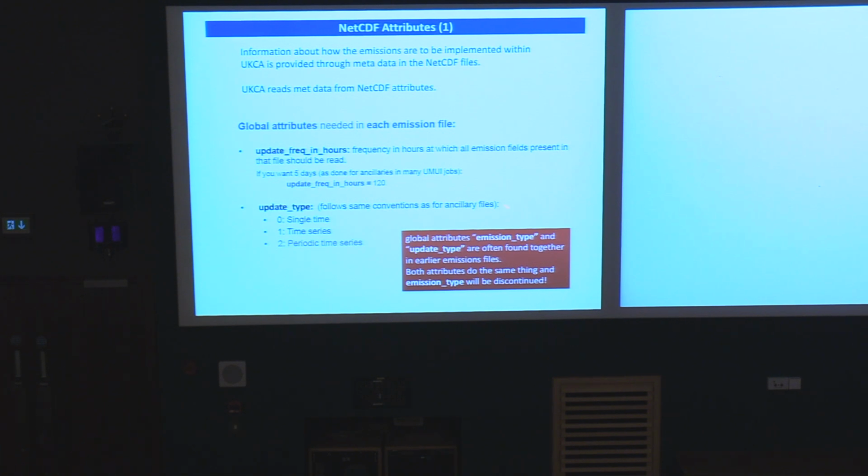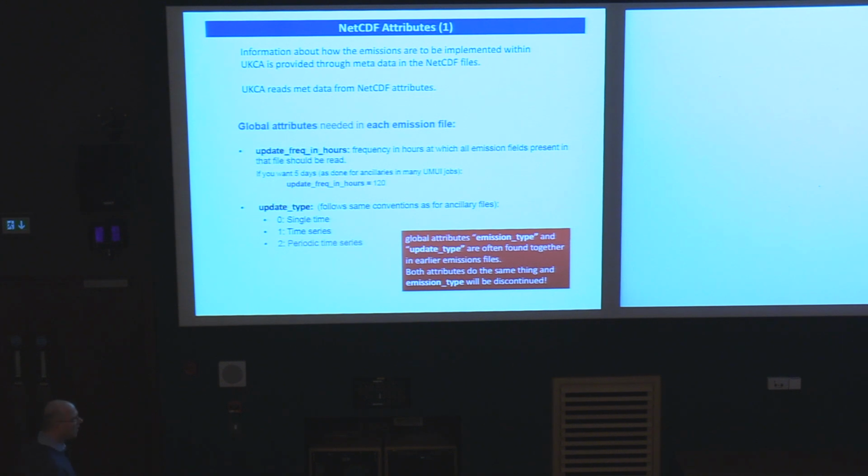The other point here is the update type, which tells the model what kind of data I actually have in my emissions file. Perhaps there is just a single time step that is perpetually applied, which might be appropriate for some emissions. The opposite of this would be a time series. So you have an origin given in your NetCDF attributes, a time origin and a time variable.